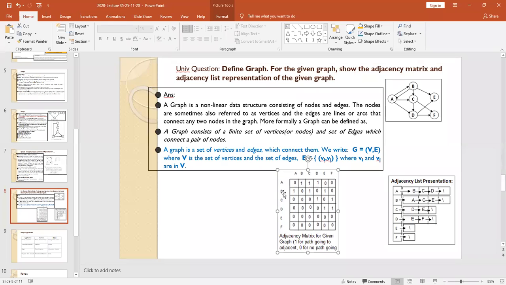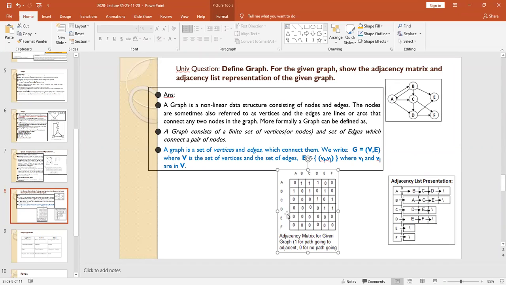So come for B, B to A, next to C, next E. Come for C, directly you go with D and, sorry, it is F. So for C, it is D, then F. It is not E, it is F.